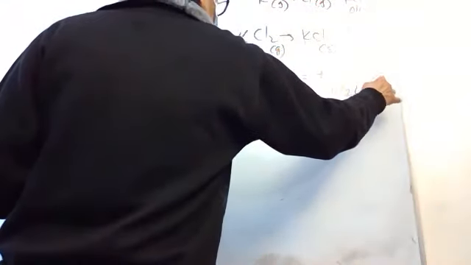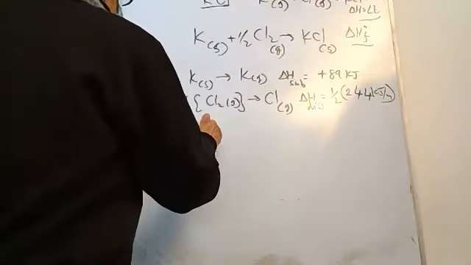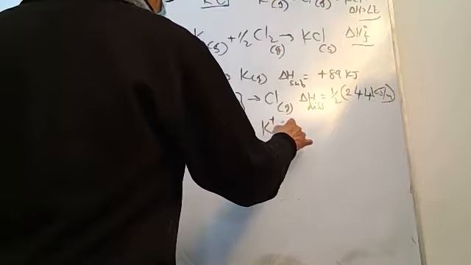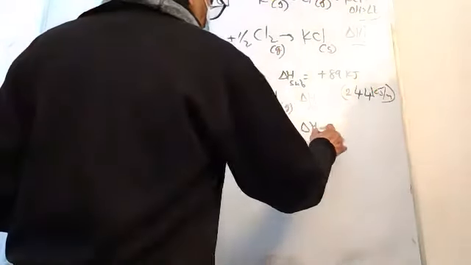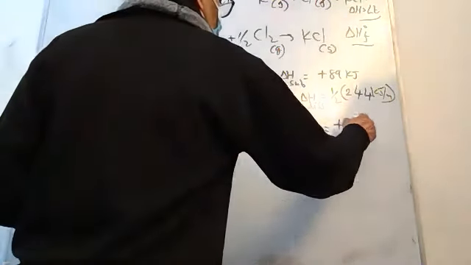So it's only 1/2 mole, so it's going to be 122 kilojoules. And the potassium gas must be made into potassium ions in gas phase. That's your ionization energy, which is plus 425 kilojoules.